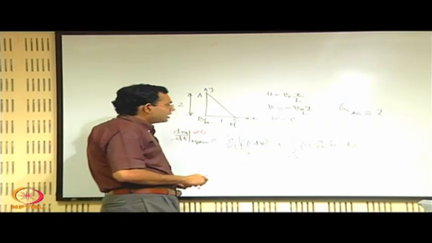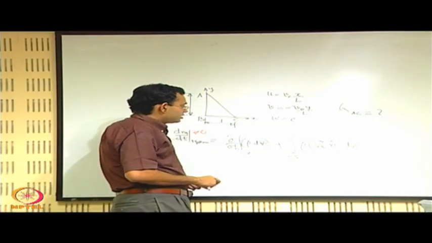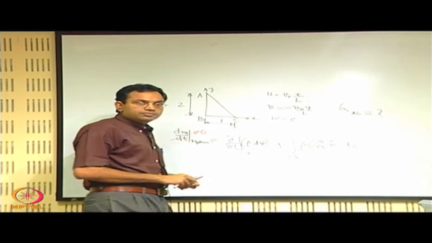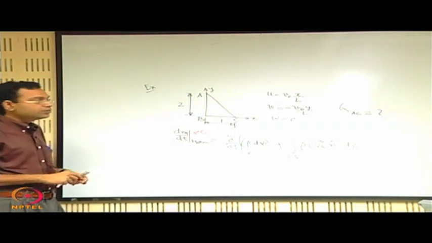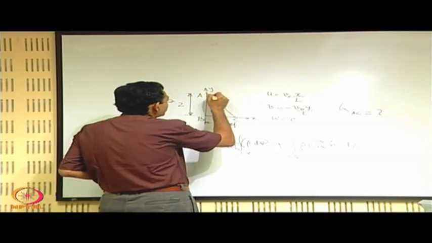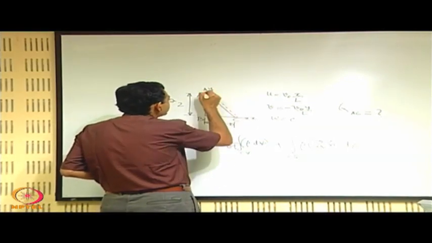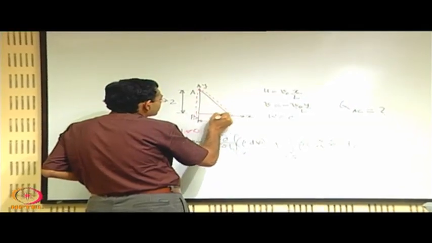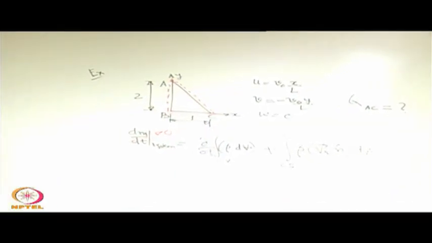because we are assuming that rho is not changing with time, neither the control volume is changing with time. So, what is our control volume? Let us say that this triangular shaped element is our control volume.